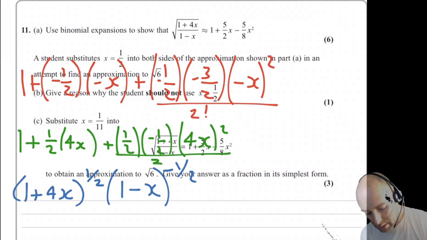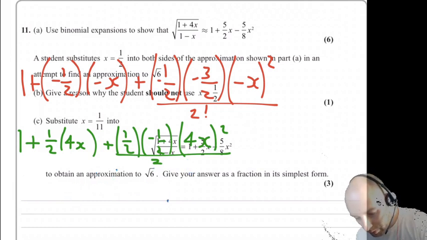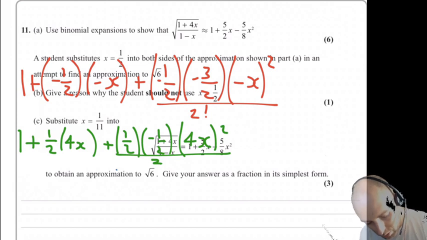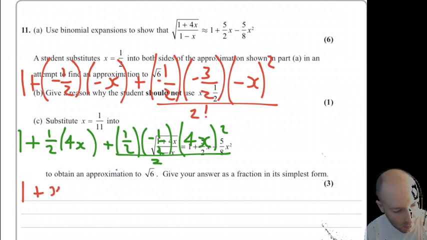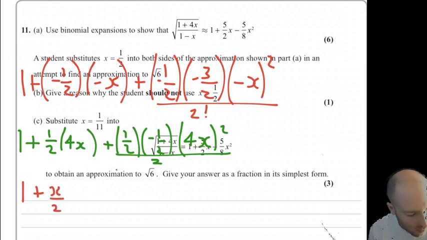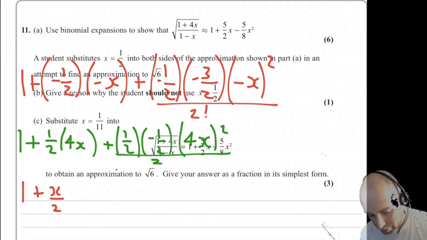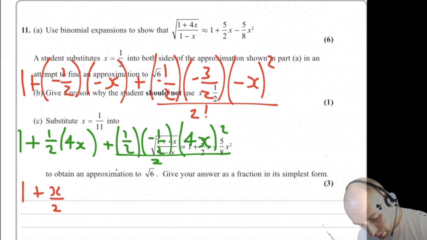All I need to do is expand those and times them together. So for the red one, we get 1 plus x over 2. And then we're going to get 0.5 times 1.5, was it 3 over 8? 3 over 8 x squared for the first one.